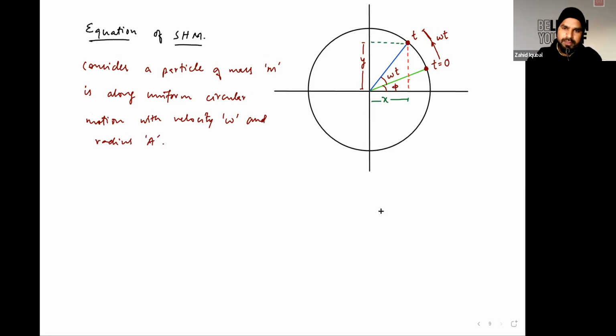Now, if we take out this particular triangle, the total inclination from this point to this point will be theta. So it will be equal to omega t plus phi.